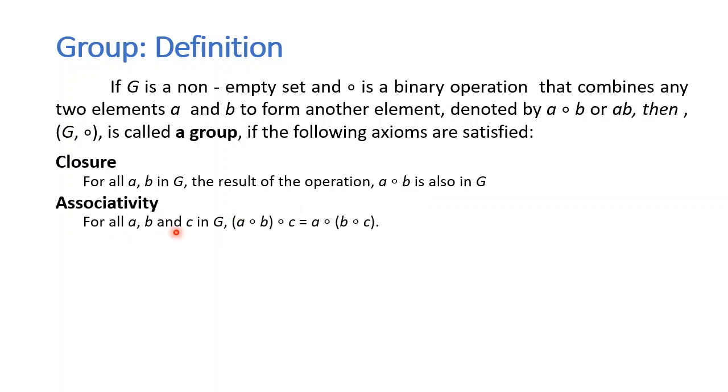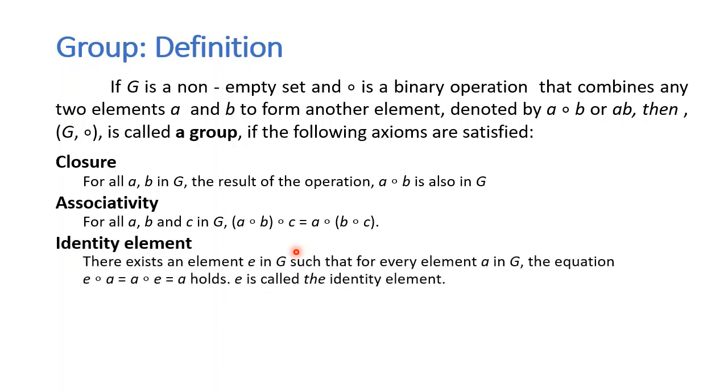Next, associativity. You consider three elements A, B, C in G and it should follow that A dot B, then dot C, must be equal to A dot B dot C. And the next one is the existence of the identity element.